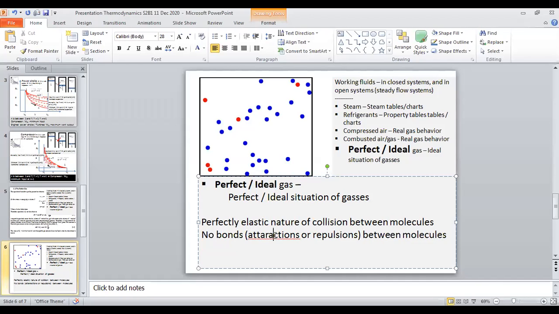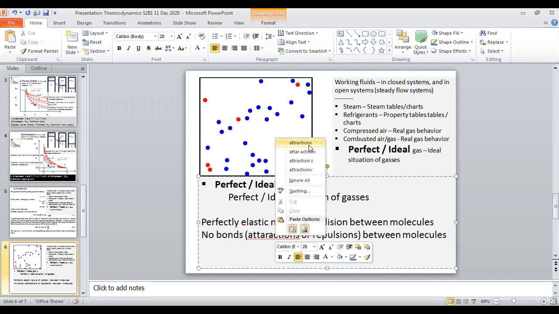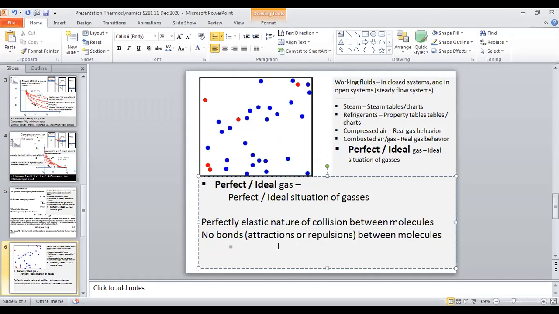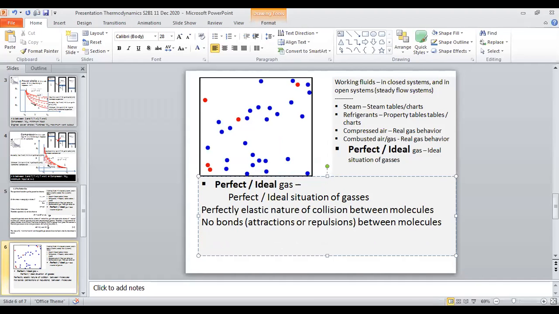Attractions or repulsions among molecules, let's say between two molecules, no attraction, no repulsion. For many molecules also it's the same. So this is the perfect nature.